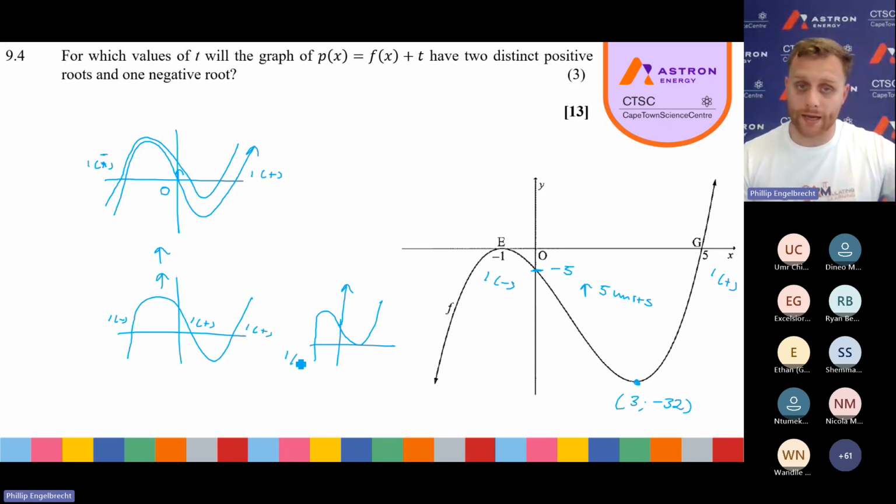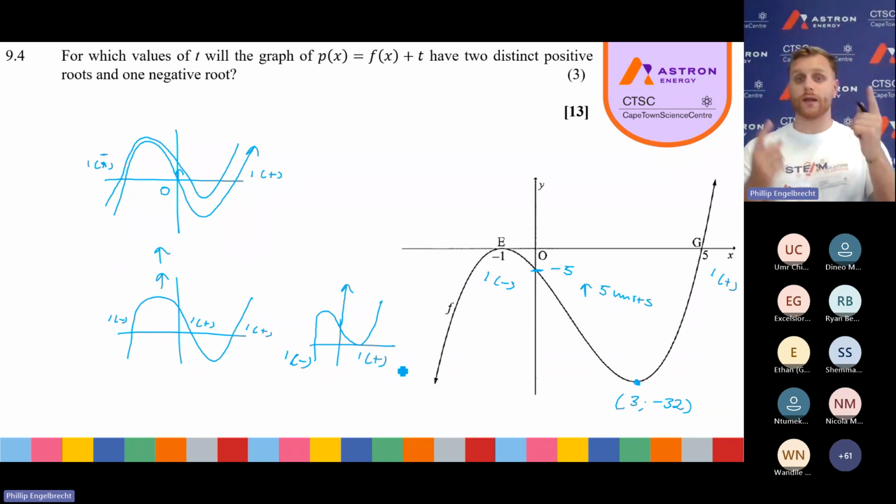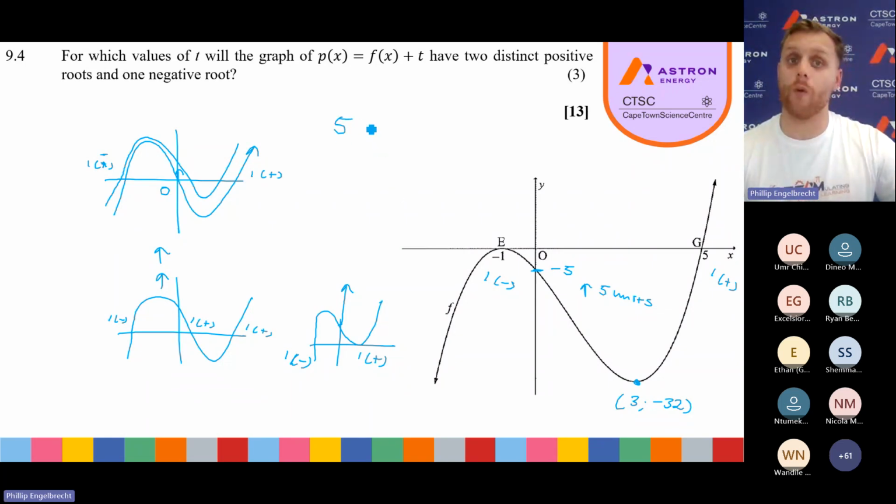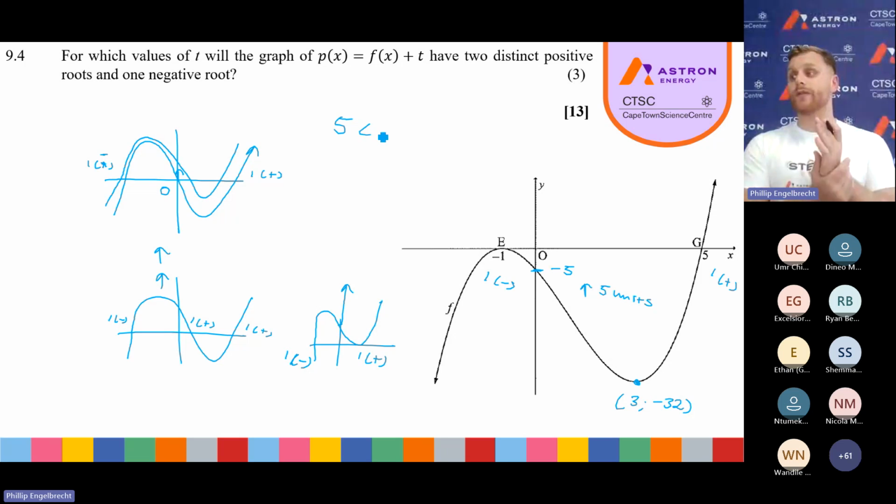I have one negative, and I only have one positive root. So one negative x-intercept and one positive x-intercept. So I can move this thing more than 5 spaces, because if t is greater than 5, then it means it's above the x-axis. However, I have a limit, and my limit is 32 units.